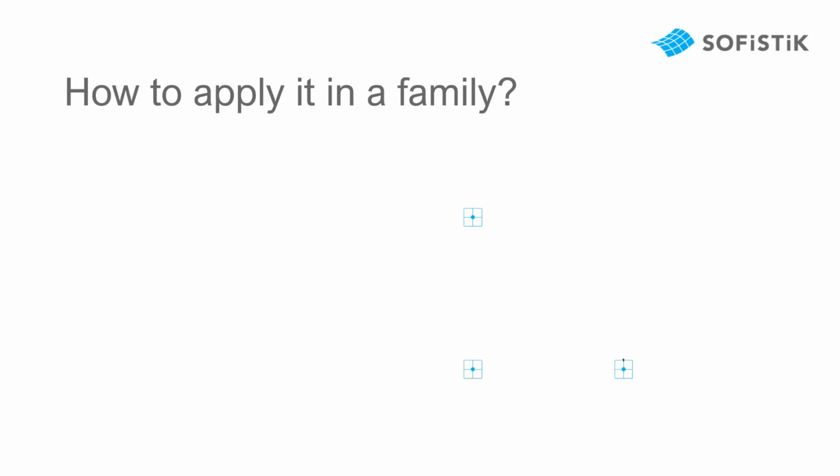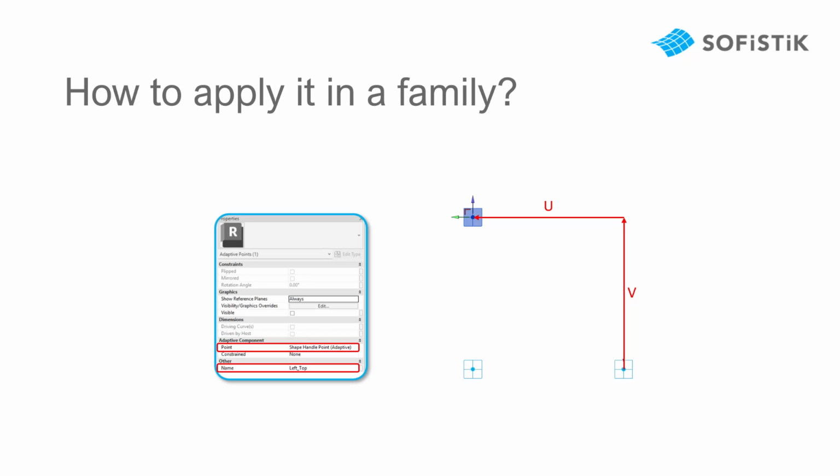This point will once more represent a secondary axis that we will select later in the three-dimensional system and will consider a horizontal and vertical offset from the adaptive point which is referring the main axis. Once more, shape handle point must be changed and a name must be assigned.